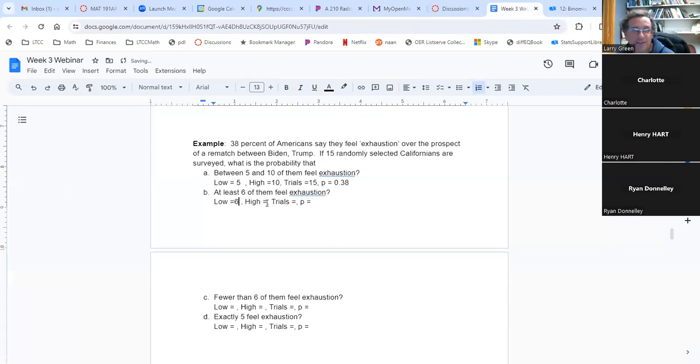What's the highest number that's at least 6 in this experiment? Not 6. 15, because we're asking 15 people.